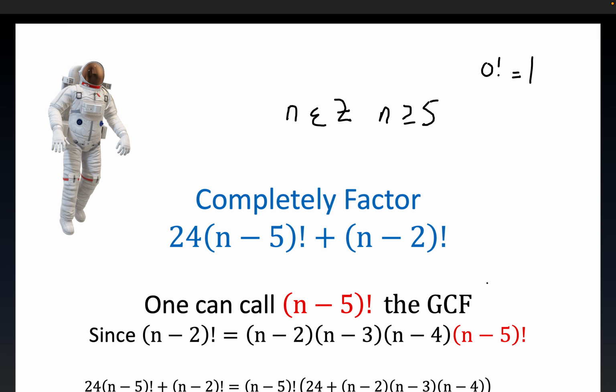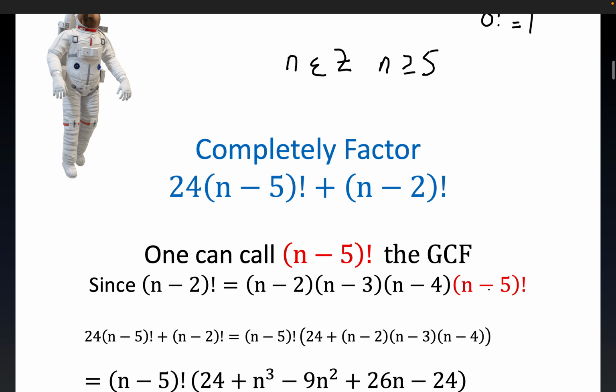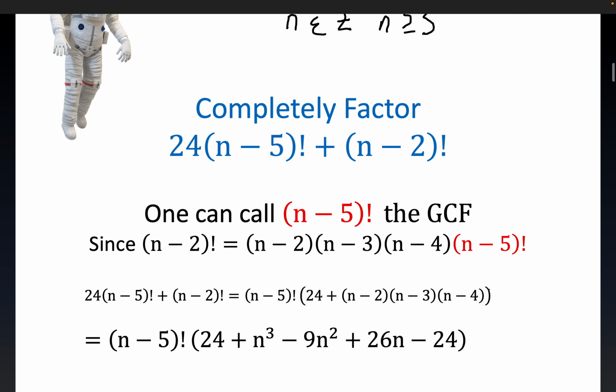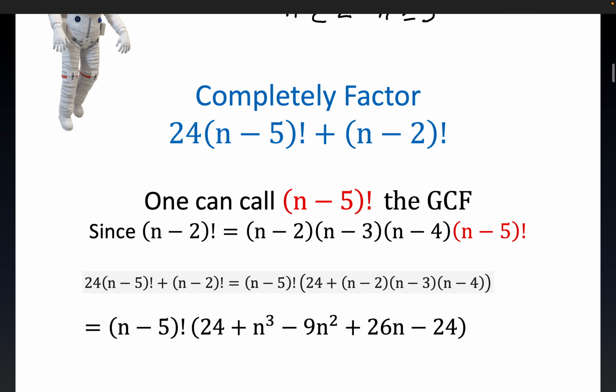So it's the biggest thing common to both terms, all right? And so towards that, we just carry on right here and factor out n minus 5 factorial, okay? And of course, only 24 is left right here. Then the n minus 2 times n minus 3 times n minus 4 is left.